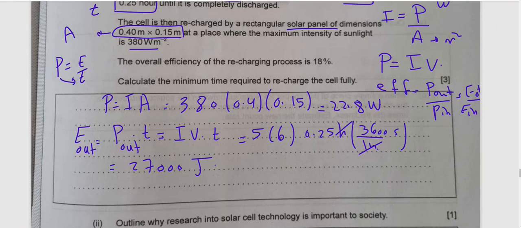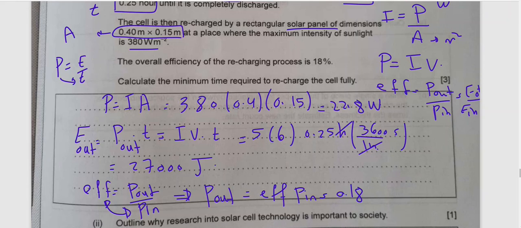We said efficiency is P out over P in, or energy out over energy in. So to find the P out, or P delivered, it is efficiency times P in. So P out here is the efficiency times P in. Efficiency is 0.18 and P in is 22.8.